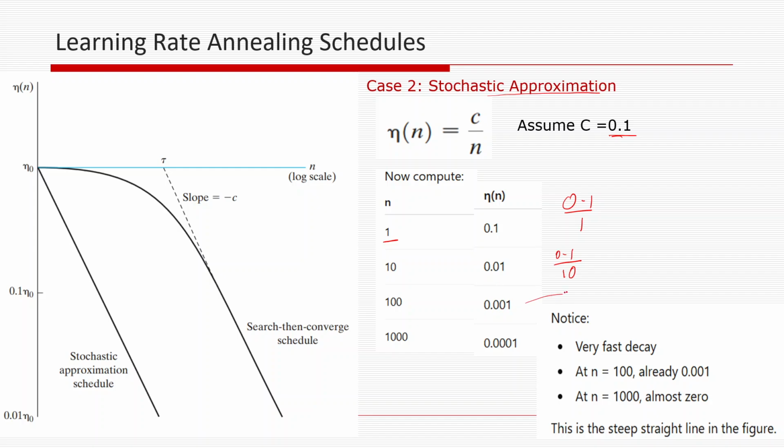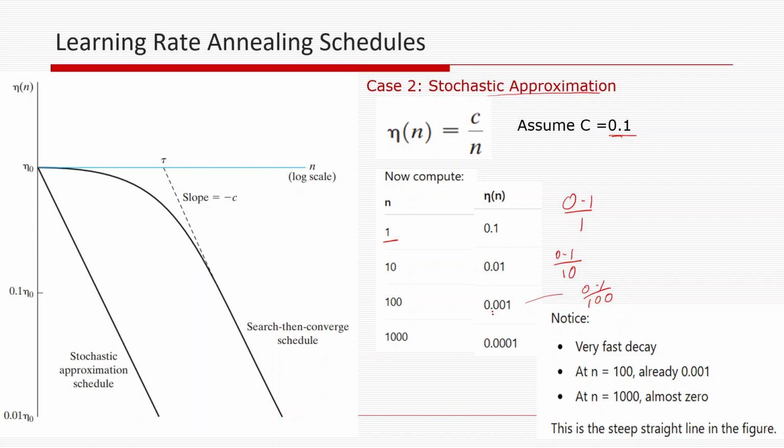Next, at 100, it will be 0.1 divided by 100. That is, when we reach the 10th iteration, my learning rate will change from 0.1 to 0.01. Similarly, when I go to the 100th iteration, my learning rate will change from 0.01 to 0.001.